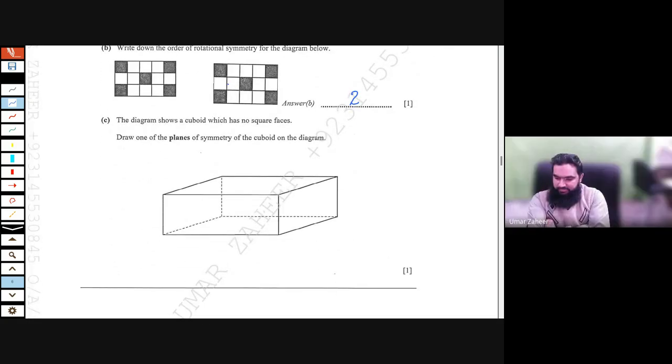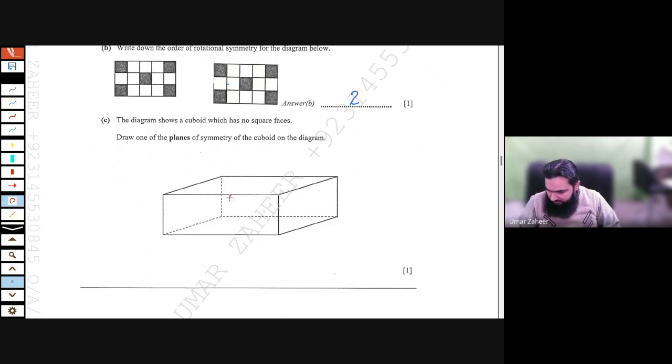All right. The graph shows a cuboid which has no square faces. This condition is given: it does not have any square face. Draw one of the planes of symmetry of a cuboid.